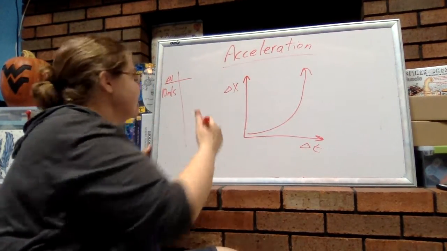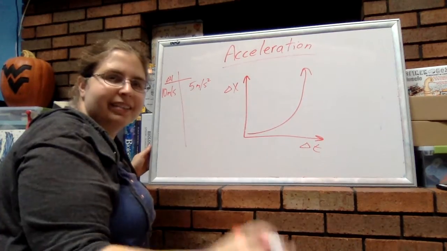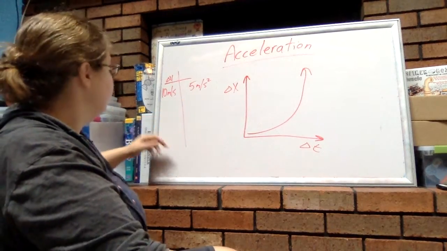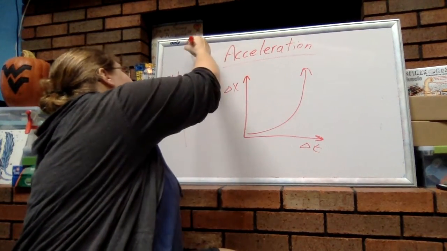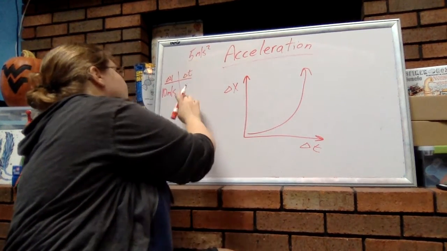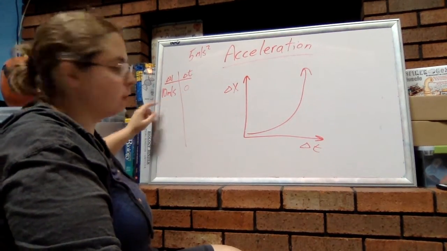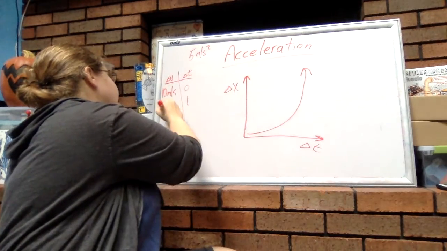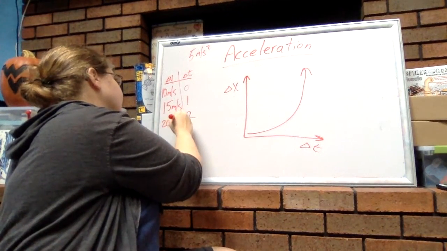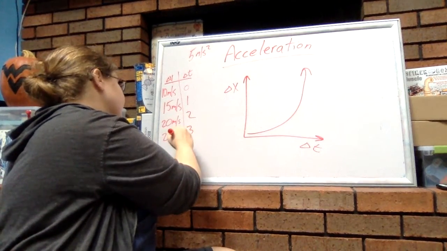If it had a constant acceleration of 5 meters per second squared, then that means after each second it is accelerating or speeding up by this amount, 5 meters per second squared. So at the 0 second mark, when it's just starting, it's already going at 10 meters per second. After 1 second, it would be going 15 meters per second. After 2 seconds, it would be going 20 meters per second. After 3 seconds, it would be going 25 meters per second.